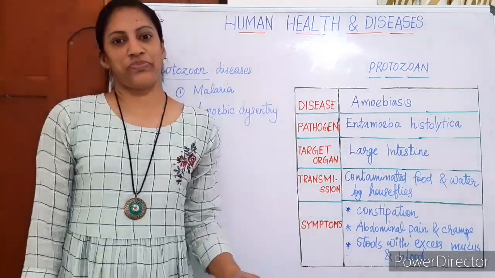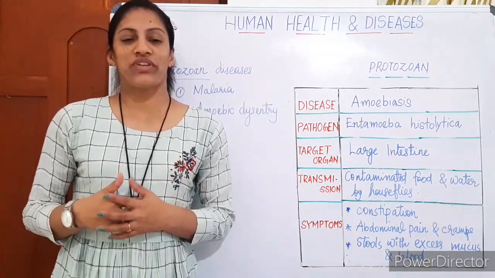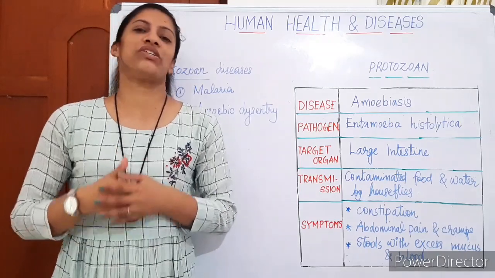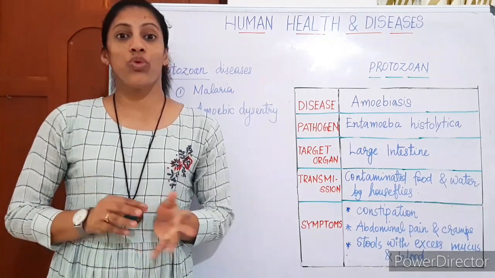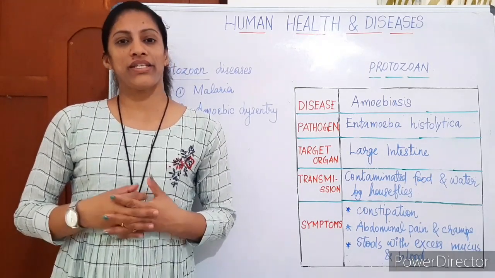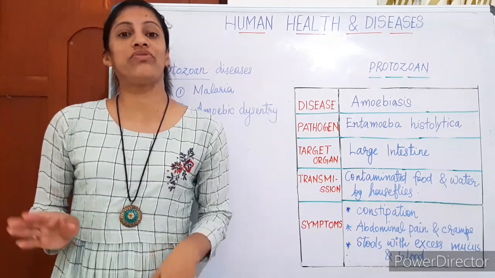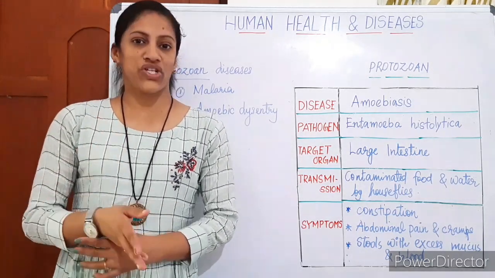Then transmission: how does it reach the large intestine? What is the mode of transmission from an infected person to another person? Dysentery is characterized by frequent loose motion, and the pathogens Entamoeba histolytica will be present in the stools or feces of the patient.